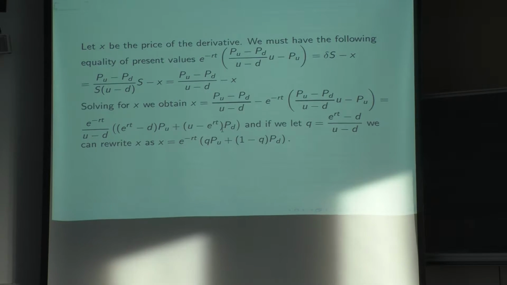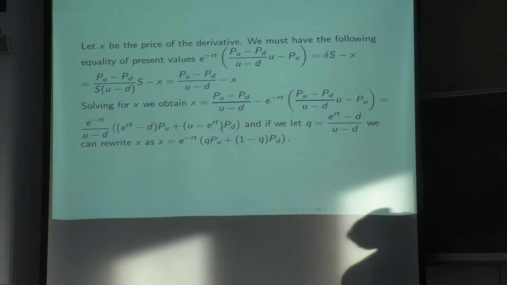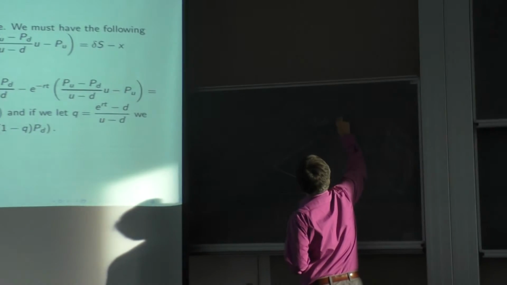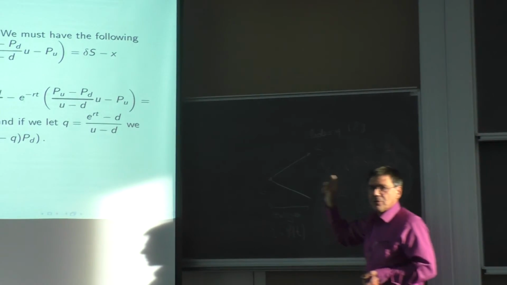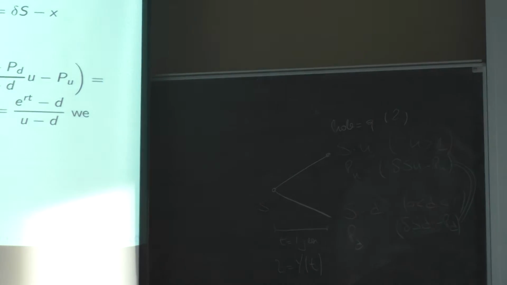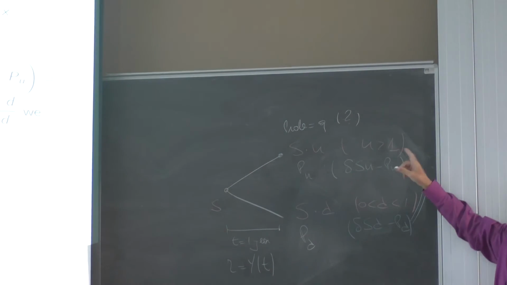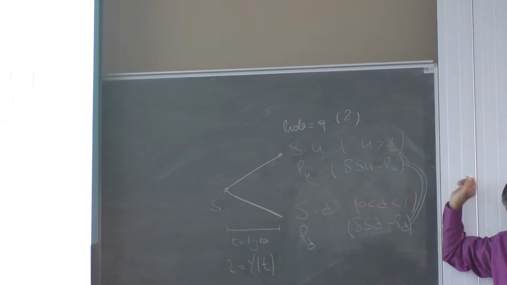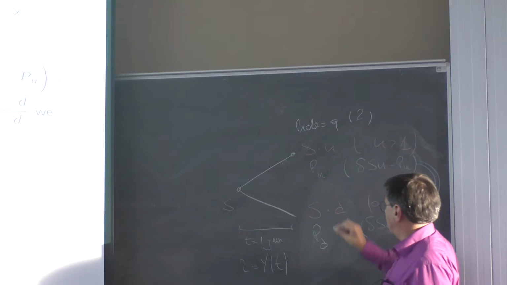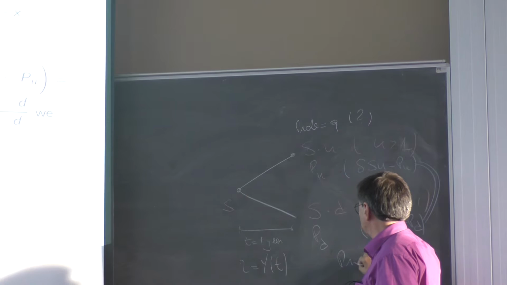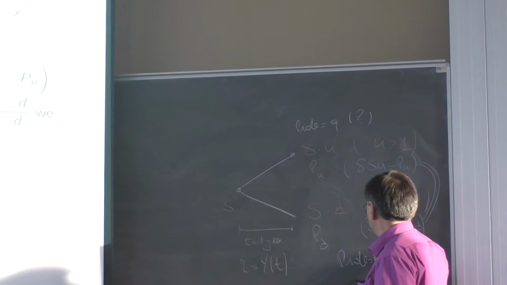Suppose that I was telling you that q was the probability of finding yourself here. I'm going to put this question mark so that you realize that I'm not claiming that this is true. But I'm saying assume that you knew that this is the case. You find yourself here with probability q and here with probability then 1 minus q.